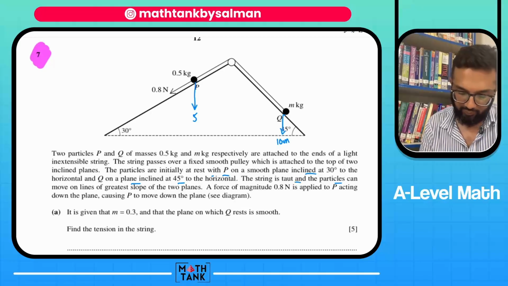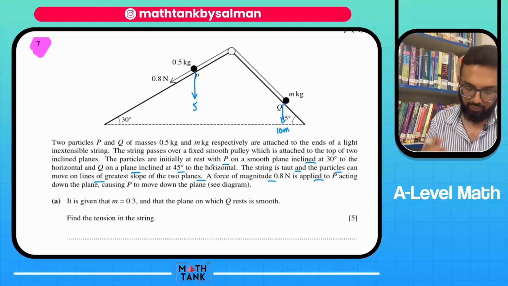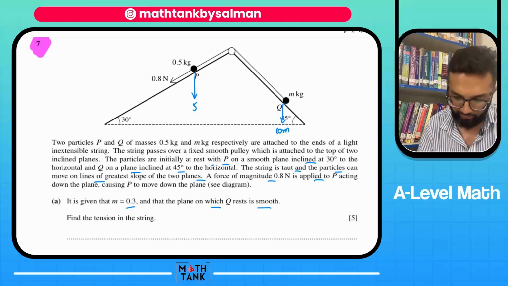The string is taut and vertical, and the particles can move on lines of greatest slope of the plane. A force of magnitude 0.8 newtons is applied to P, acting down the plane, causing P to move down the plane. It is given that m equals 0.3. In this case, m जो हो जाएगा वो 0.3, तो वो 3 की force बन जाएगी, and the plane on which Q rests is smooth. Find the tension in the string.